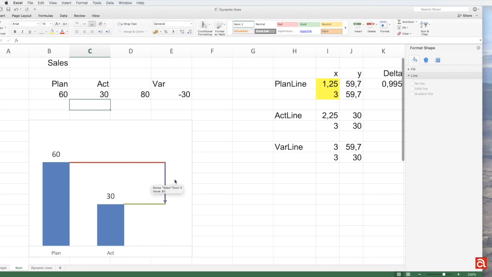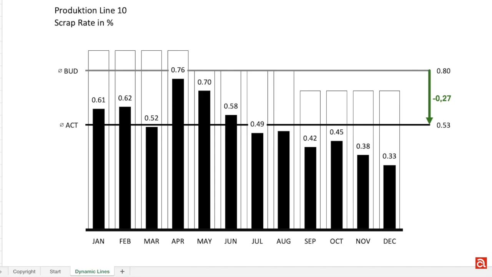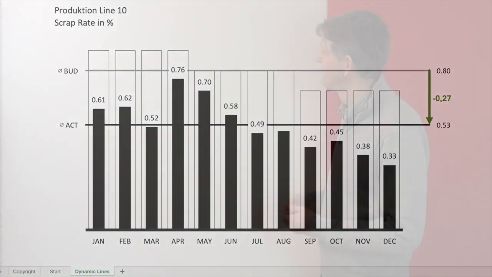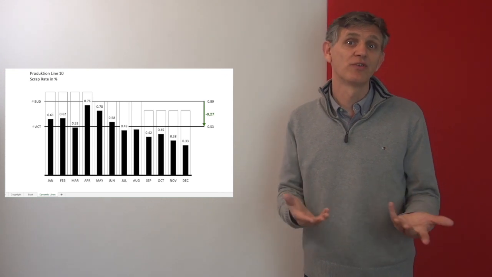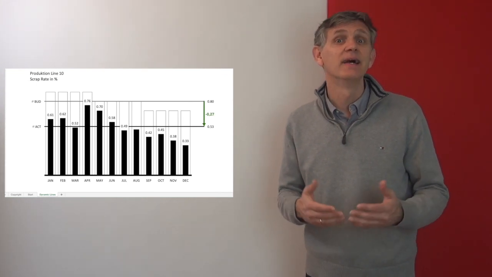How to put here now the -30 of the variance is shown in my video dynamic labels. And again, here an idea how these lines can be used. I hope you like the idea of dynamic lines, and I want to refer to my video of dynamic labels.